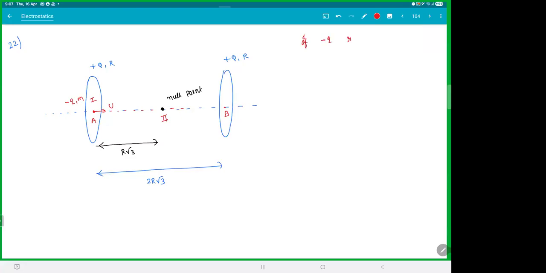If minus Q reaches the null point with a negligible velocity, B is not your final state. It automatically goes to B. Because if you take A and B as your initial and final, the answer will be 0. That is the first thing.